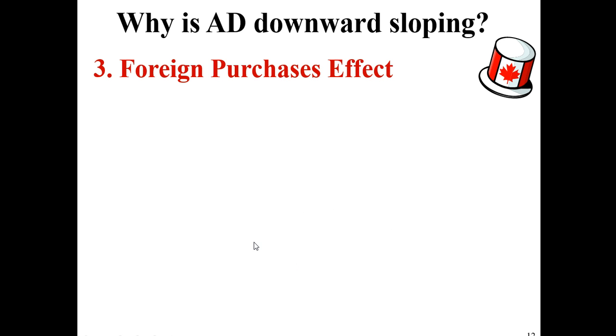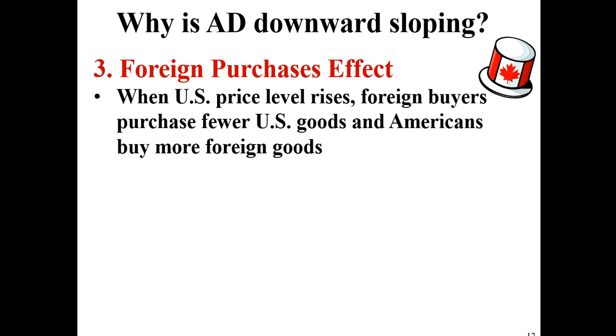The third explanation of that downward sloping aggregate demand curve is the foreign purchases effect. The explanation here is that when our price level rises, foreign buyers are going to purchase fewer U.S. goods, and Americans buy more foreign goods as a result. If you remember, part of that equation for aggregate demand is net exports.